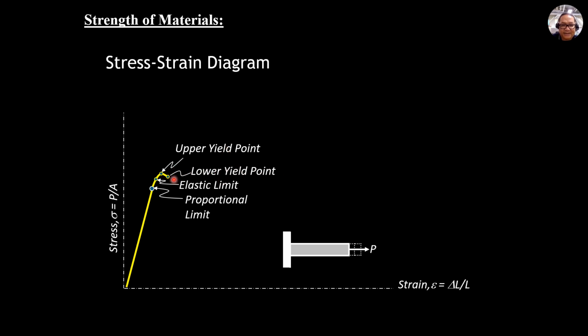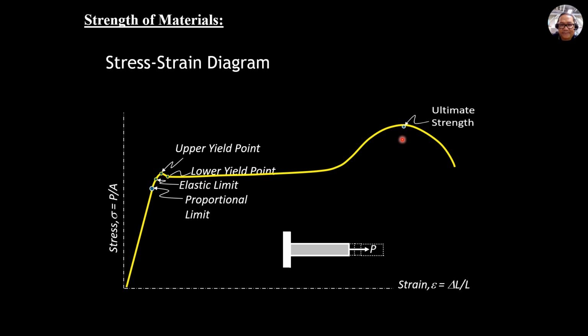And theoretically, it is supposedly straight until it reaches the ultimate strength, the highest stress level in the stress strain curve, ultimate stress, and beyond that, the material undergoes what we call necking. And if the load is continued, we have here the load at failure. We call that the rupture strength.